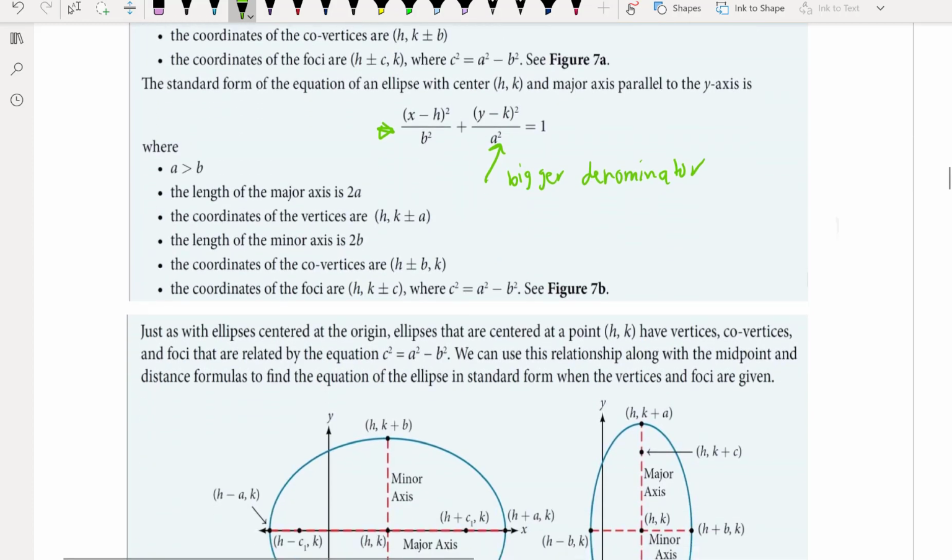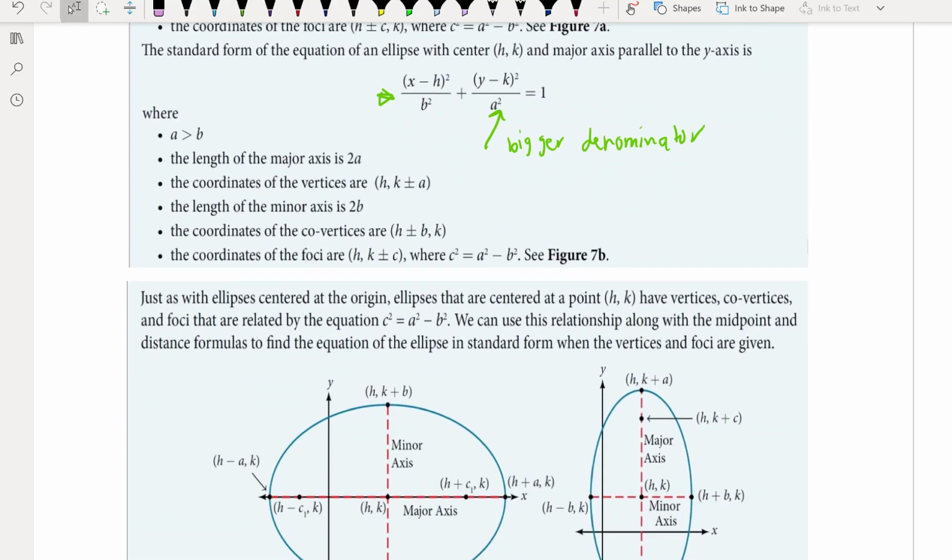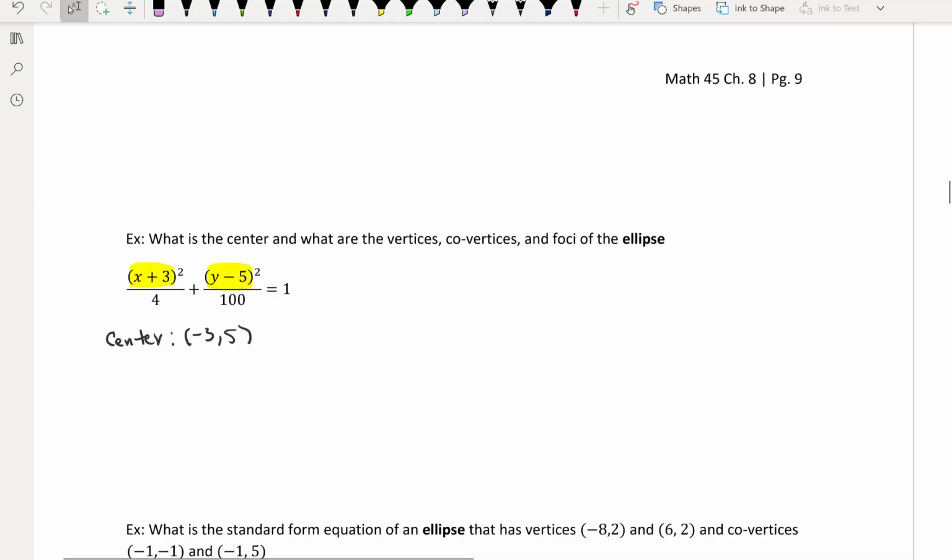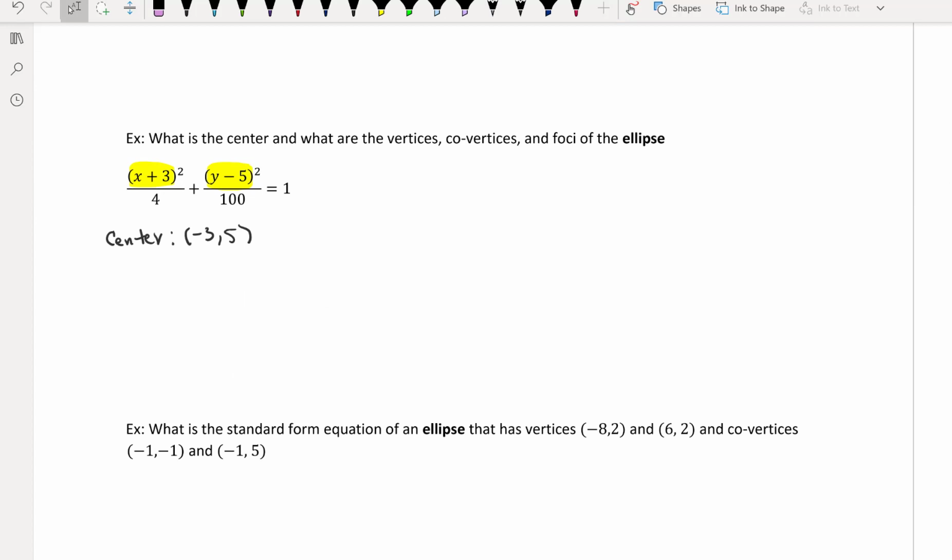So I know that's going to be the equation that I'm going to be looking at. So that is something that I'm going to be paying attention to. So I know that my a squared value is equal to 100. So that a is equal to the square root of 100, which is 10. Which tells me that my b squared is equal to 4. So my b is equal to 2.